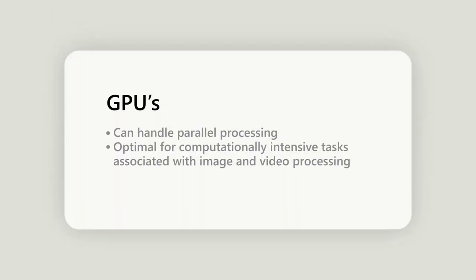While software provides the tools necessary for image and video processing, hardware, particularly the graphics processing unit or GPU, plays a fundamental role in executing these tasks efficiently. GPUs are designed to handle parallel processing, making them exceptionally well suited for computationally intensive image and video processing tasks.